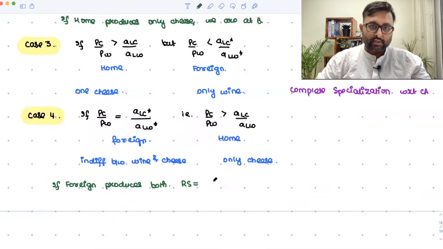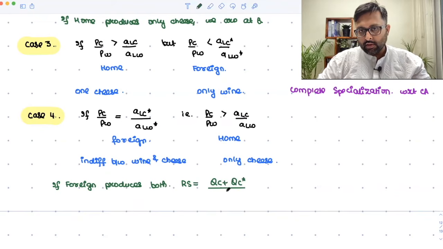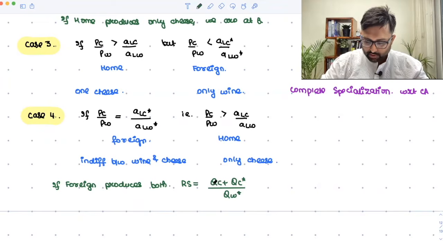QC plus QC star. The home country is only going to produce QC. Then this is going to be the relative supply, QW star.